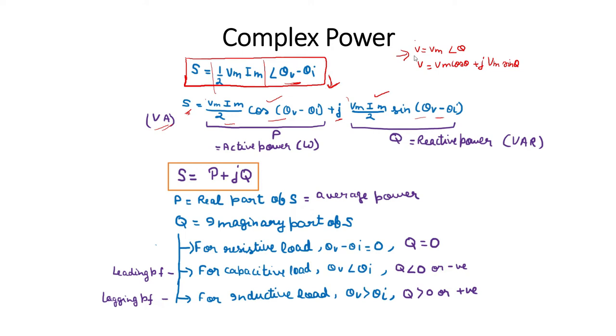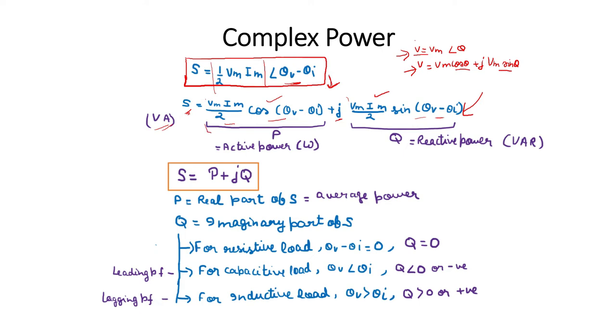Just like this, if V is equal to Vm with angle theta, then in complex form it is written as V equal to Vm cos theta plus j Vm sin theta. Similarly, we have written this equation for complex power.